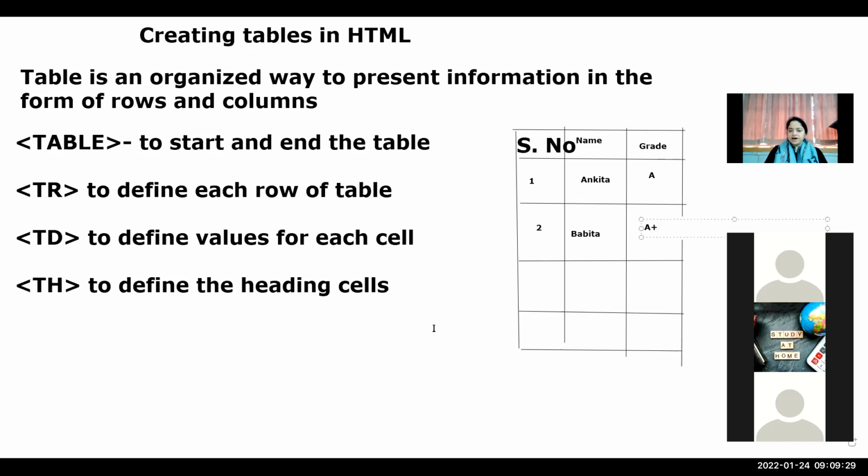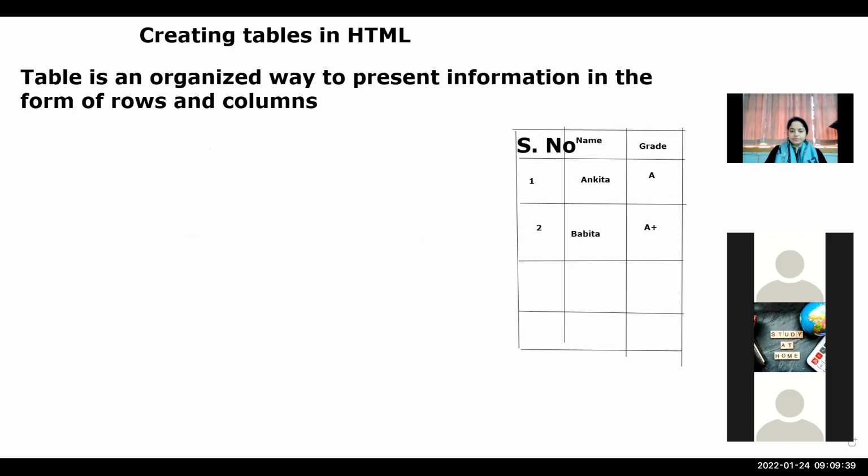Now, to create the coding for this table, what will we do? We will start the coding with the table tag, like this. I hope this much font size is visible to everyone.